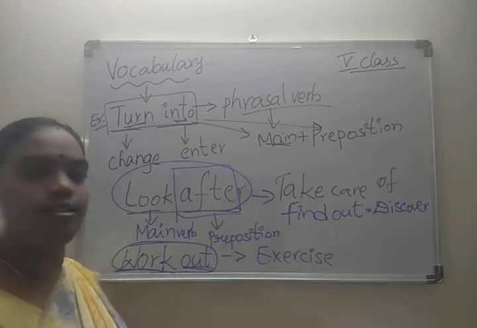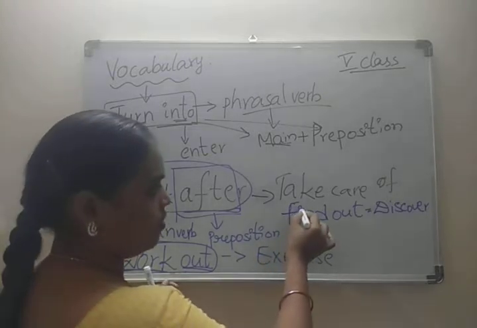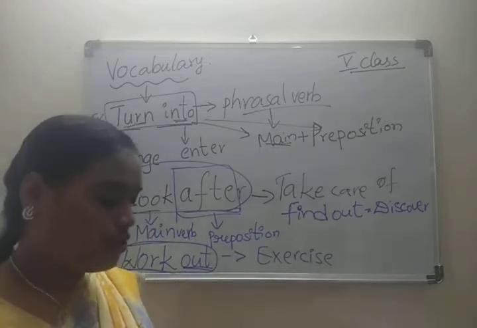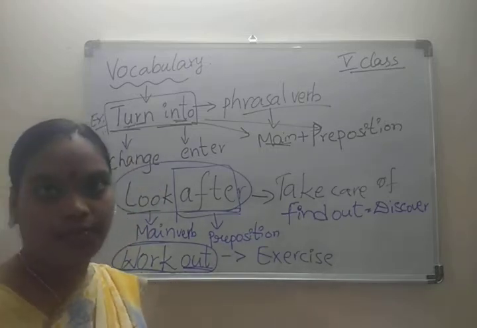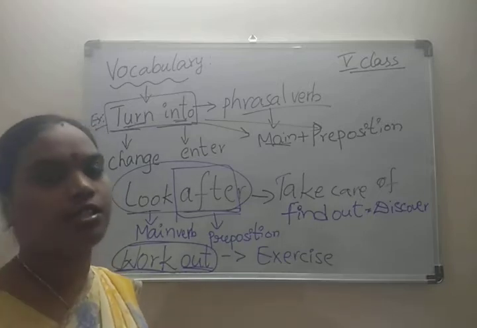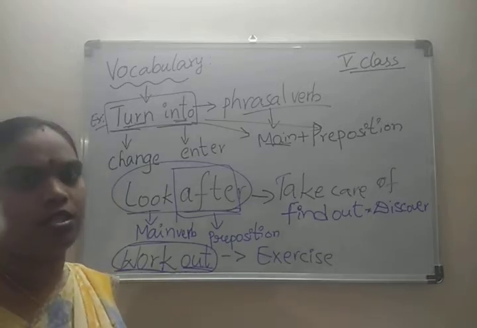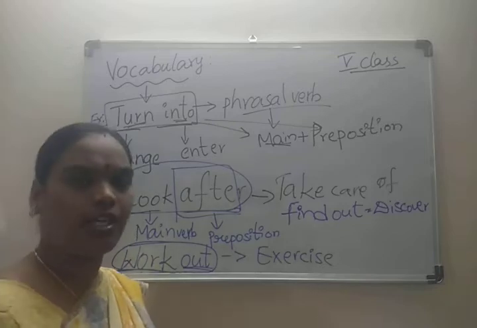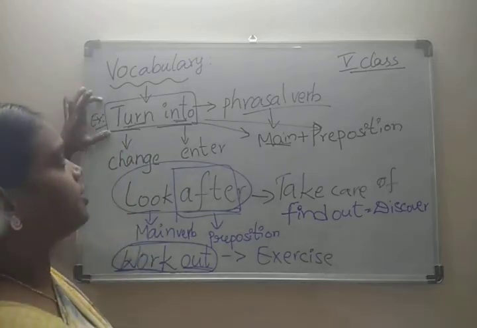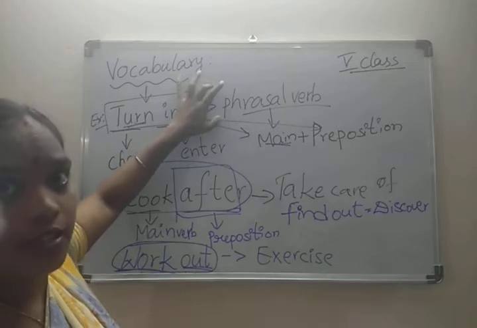So that is find out. Discover. Like these phrasal verbs, children, we use phrasal verbs to give more emphasis to that particular language. Any language you can take, but in English, this is known as phrasal verbs.